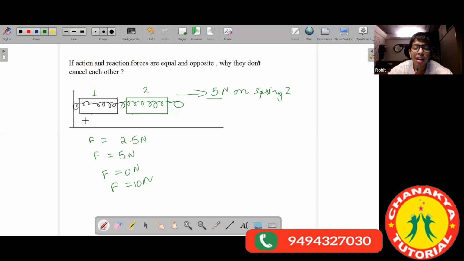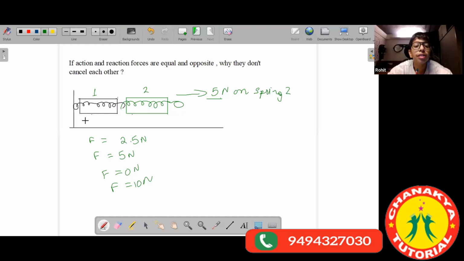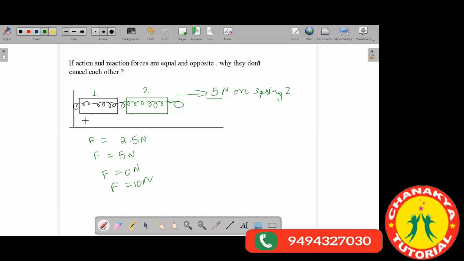Then won't the force be the same? Yes, so the forces would be the same. So it's 5 Newton for spring 1 as well.